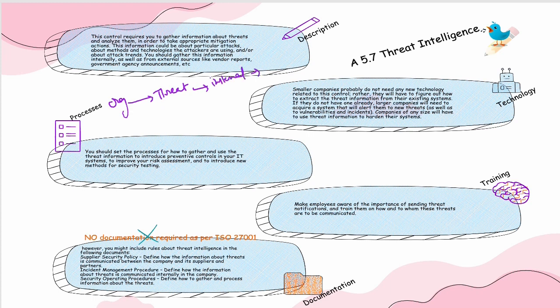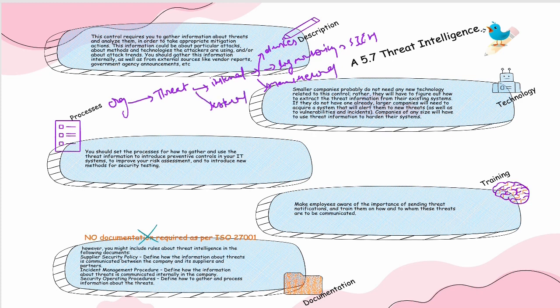When I say internal sources, that could be your devices, your central log monitoring system, SIEM, for example, your manual records, and also the external.